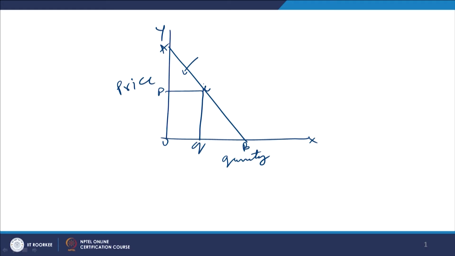Now, if the market price increases, and this P0 becomes P1 and P1 is greater than P0, what happens? Price will go up and quantity demanded goes down, but at the same time this area of consumer surplus also declines, and this is the reason why the common masses always worry about rising prices of various commodities.